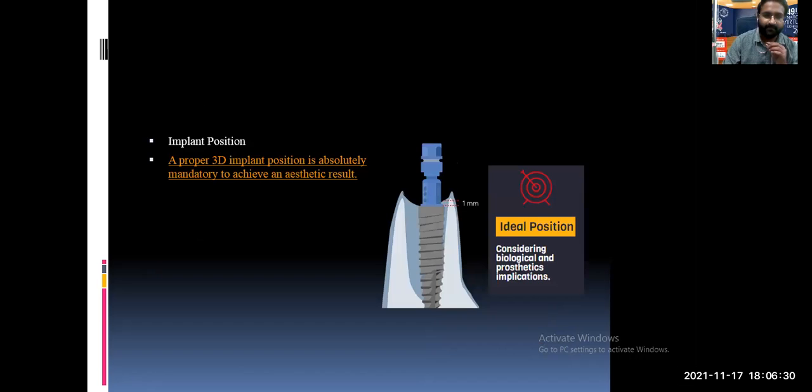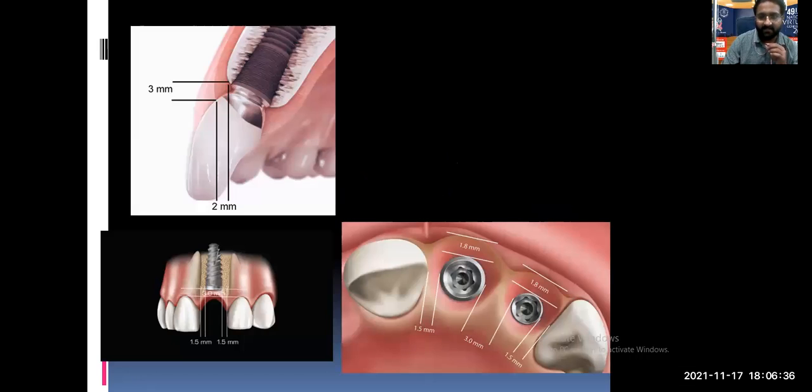The implant has to be placed in an ideal 3-dimensional position for the aesthetic result. So what is a 3-dimensional position? 3 mm apically, 1.5 mm away from the adjacent tissues, and 2 mm from the buccal danger zone. This is the 3-dimensional placement of immediate implants.